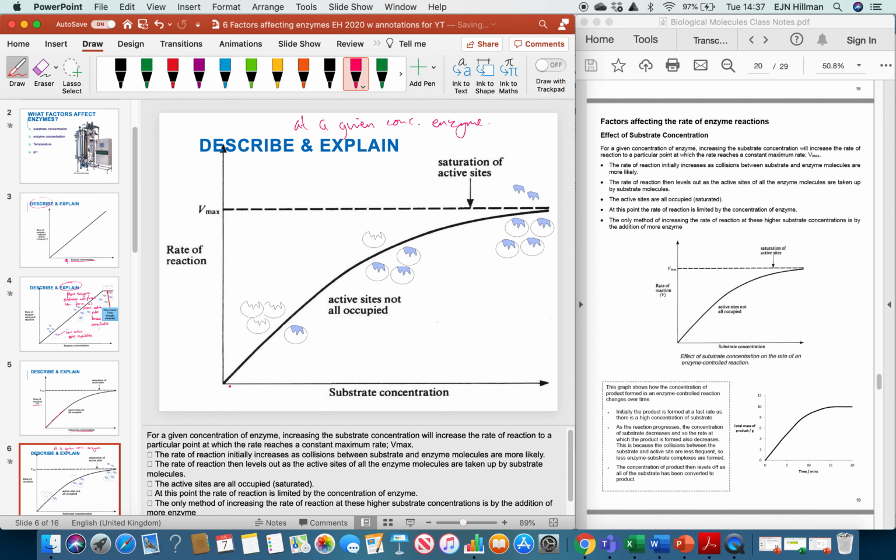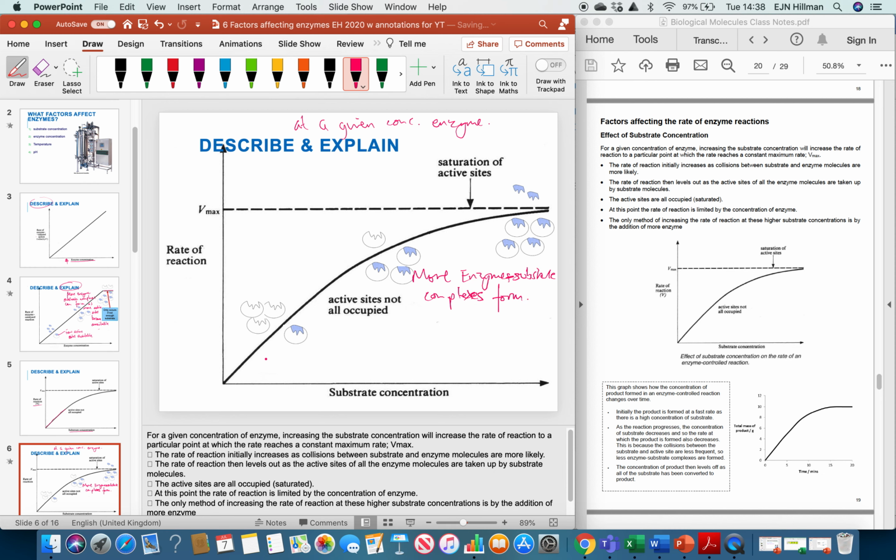Initially, as the substrate concentration increases, there can be more collisions between the substrate and the active site, and we can see that here. So as the substrate concentration increases, there are more collisions between the active site and the substrates, so more enzyme substrate complexes form.